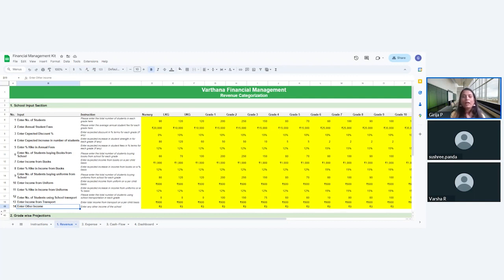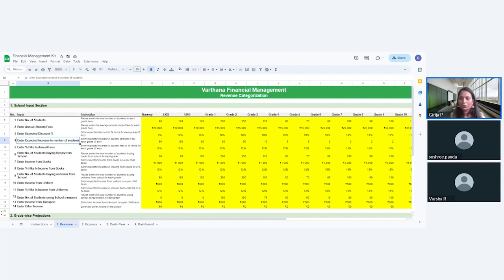And you can see here, we are not calculating only the current year. This tool will also help you predict the income for the next 2 years. So keeping this in mind, we have a column for the expected increase in your number. We are calculating the annual fees. What do you think the next 2 years are going to look like?